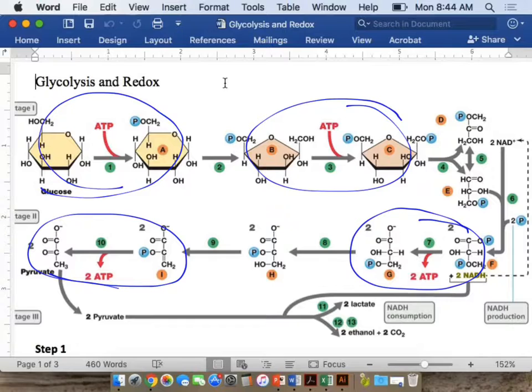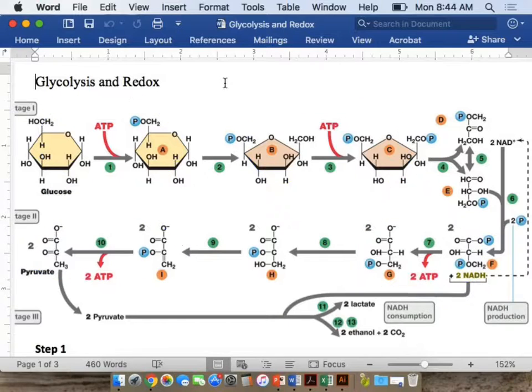Okay. Where do we see redox reactions? Meg. Okay, so you're saying step 6. What are you using as your indicator that it's a redox reaction? Good. So we have 2 NAD here.